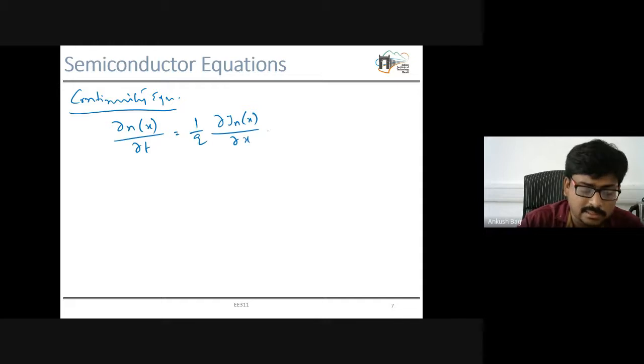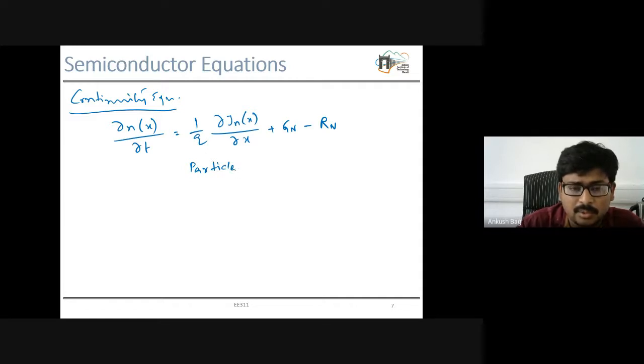This is the equation in the case of electrons, and this continuity equation actually comes from the law of conservation of particles, where the particle may be either an electron or a hole. This is particle conservation in terms of time as well as space. In generic words, we can call it particle conservation.